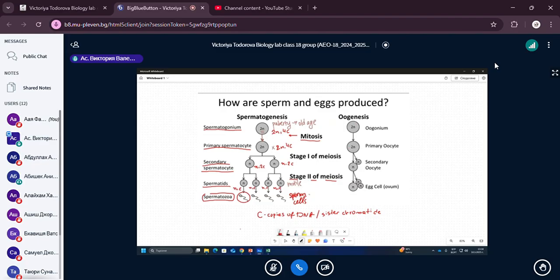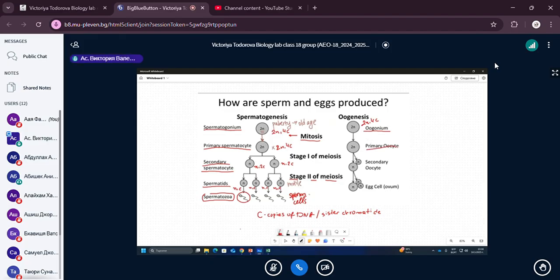And again, in oogenesis, we have oogonium. Oogonium is the same as spermatogonium. These are the first cells in the embryo, in the female fetus. And these cells are diploid with 4 copies of DNA.